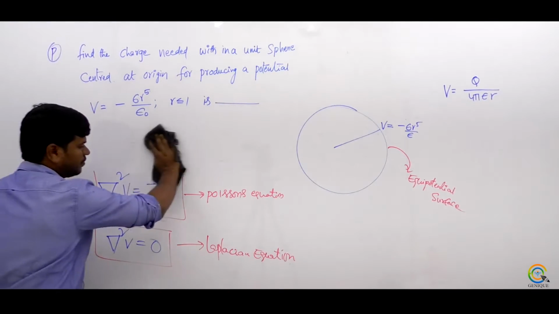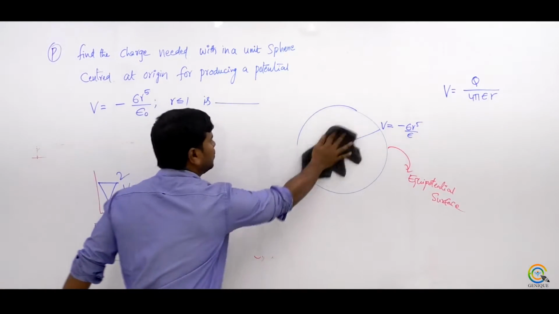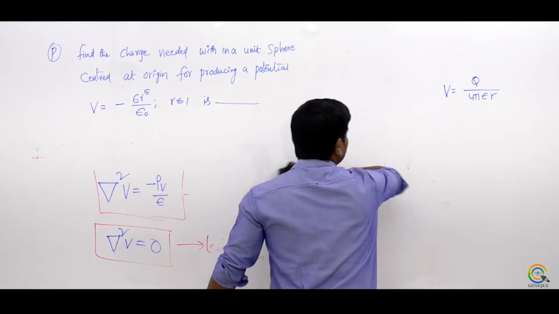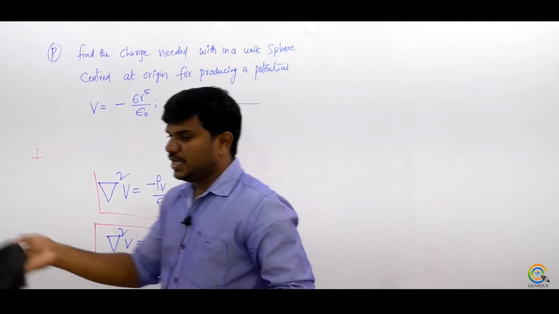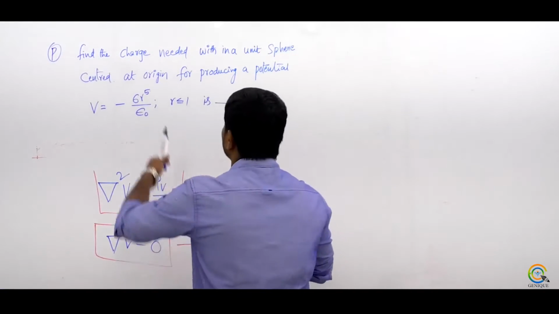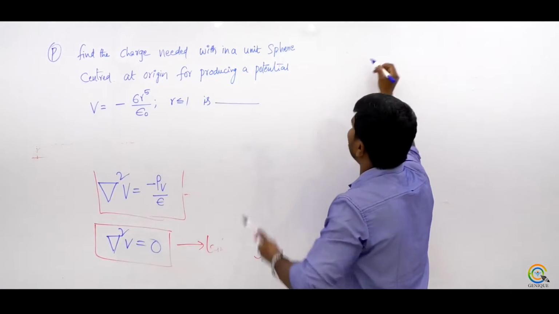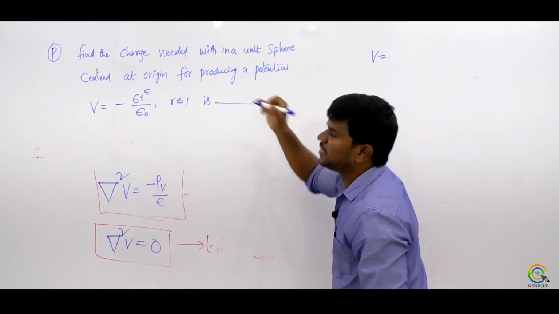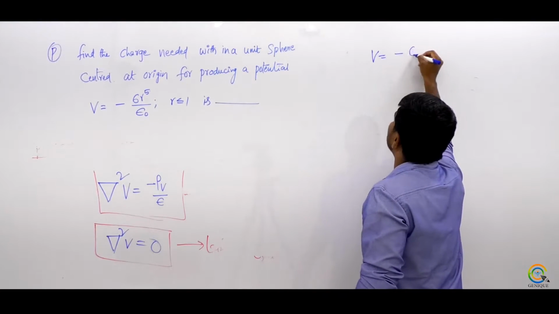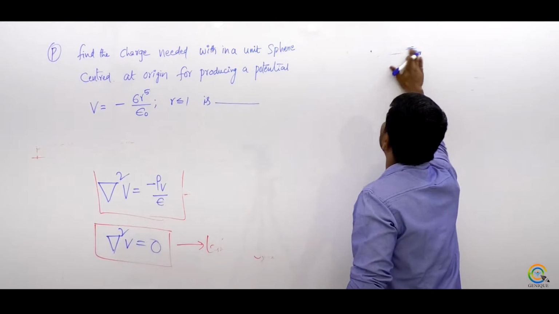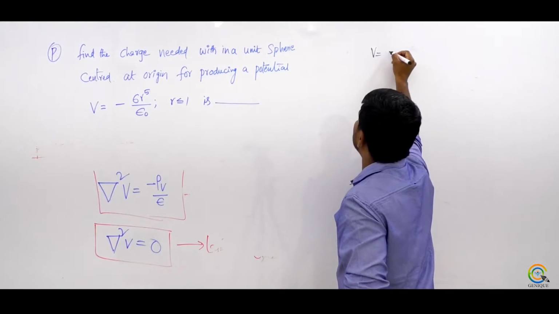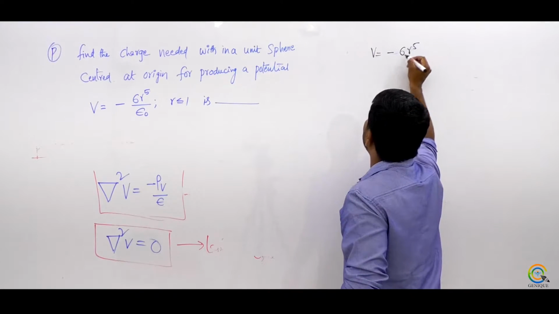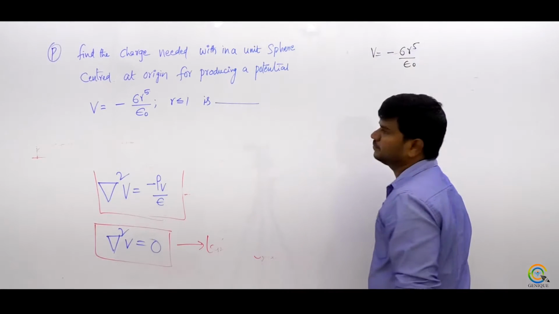Now come to the equation. What is del square V? In this question, V is given in spherical coordinates: V equals minus 6 r power 5 divided by epsilon naught.